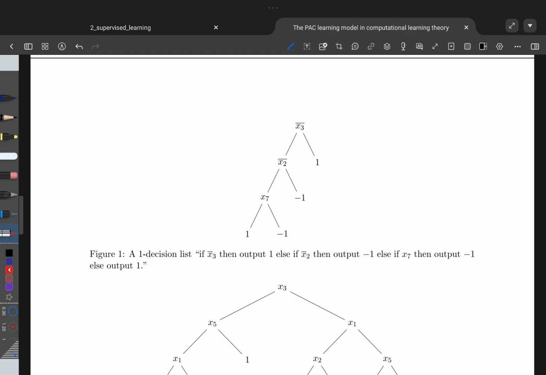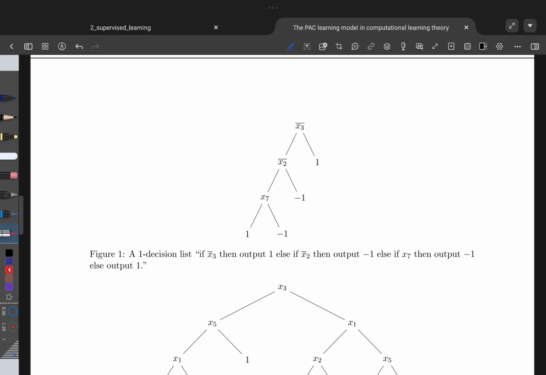Okay, I think it's the other way around. If x3 bar is equal to 1, you go to the right. If x3 bar is equal to 0, you go to the left. All right. So if x3 bar is equal to 0, then you check what is the value of x2 bar. If x2 bar is equal to 1, then you output -1. If x2 bar is equal to 0, then you check x7, and so on. All right.